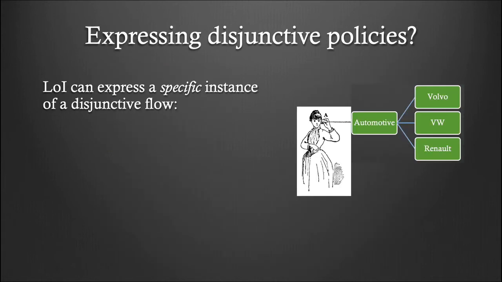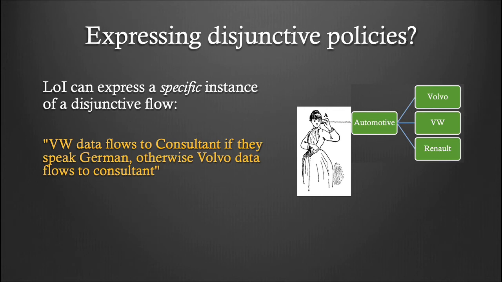Okay, so what about disjunctive policies? Well, the lattice of information can express a specific disjunction by using a conditional form of information flow. So we can say, for example, that our consultant here working in the automotive domain will end up working with Volkswagen if they speak German, but Volvo otherwise. So this kind of information flow property, a very specific one, a specific disjunction, can be expressed in the lattice of information.